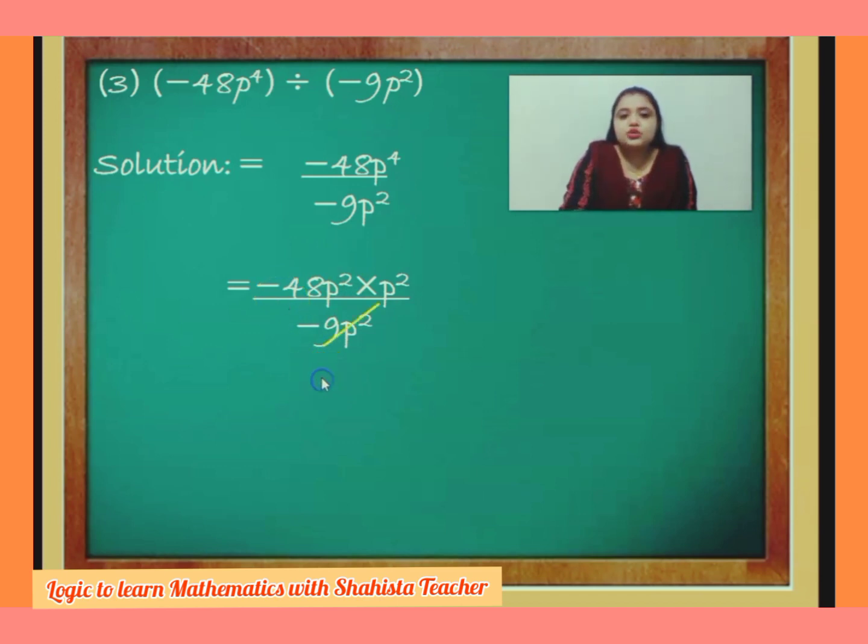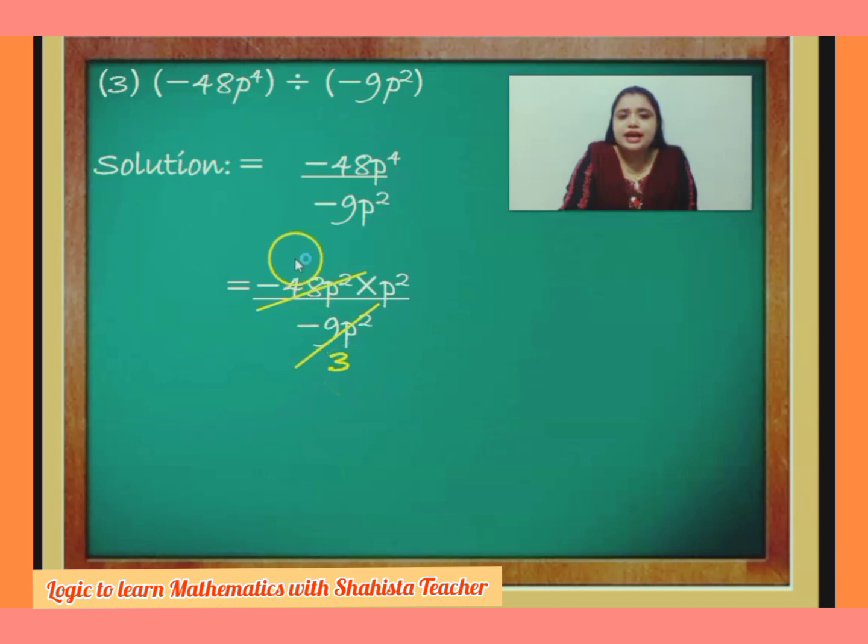Here the p square cancels with the p square in the denominator, so we simply put 3. The common term p square gets cancelled.